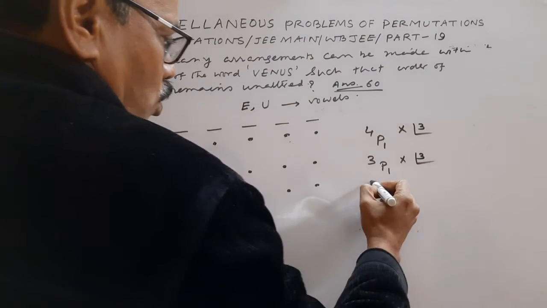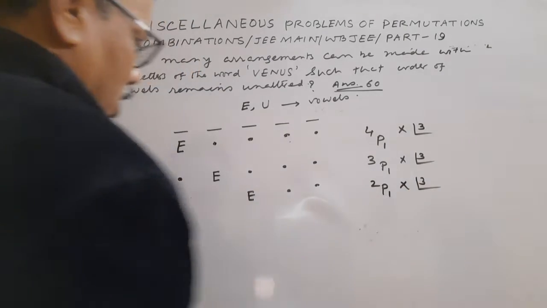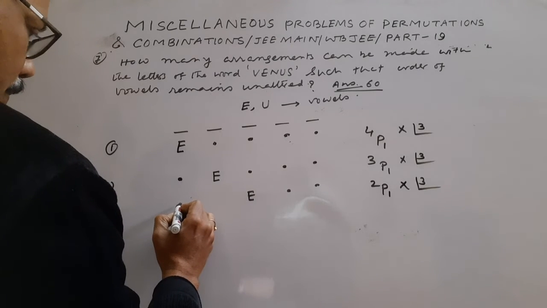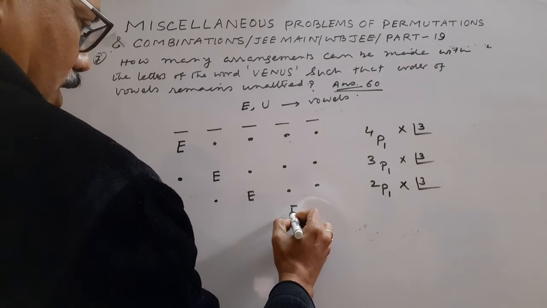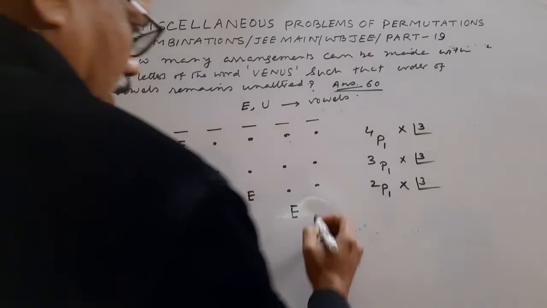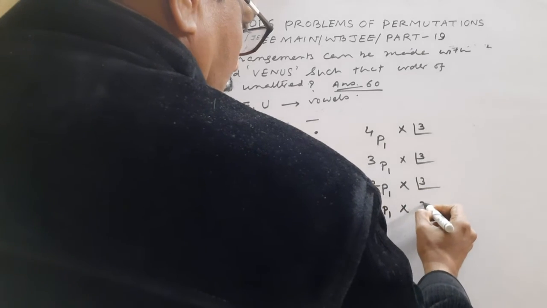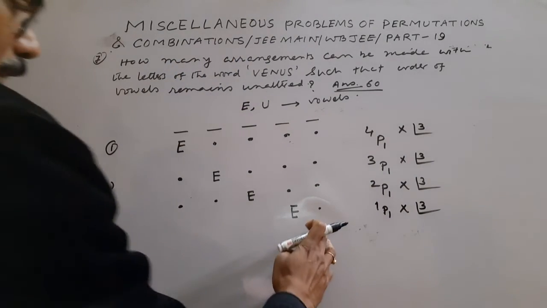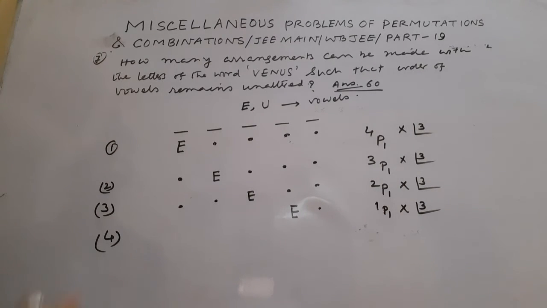So out of 2, U can be taken in 2P1. So this is factorial 3. Number 4, this is E, then this one is U. So 1P1 into factorial 3. If E is here, U may be here, but that is not the case. So you are getting 4 cases.